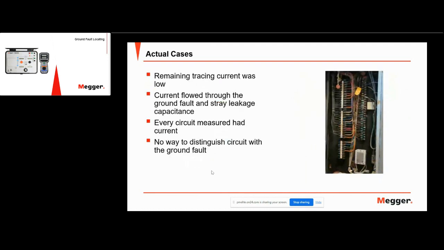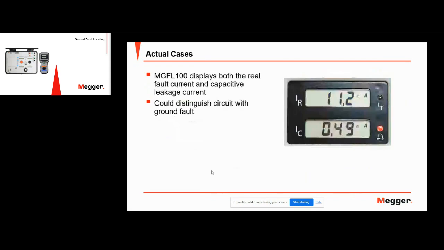So they had many lines, and every line had a little bit of leakage capacitance on it. So what does that mean? Well, the majority of the current's going through the ground fault monitor, and every line you go to measure has just a tiny bit of current on it. So how do you distinguish the circuit with the ground fault?